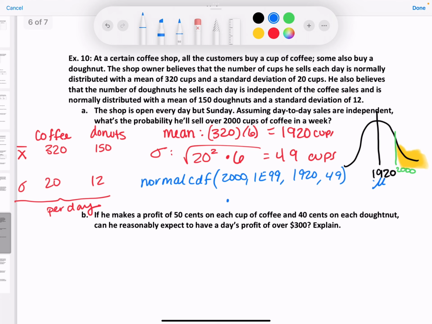Okay. So we'll just call that 5.1%. That is the probability that he sells over, I'm not going to write out all of it. So basically there's a little more than a 5% chance that he sells over 2,000 cups in a week.